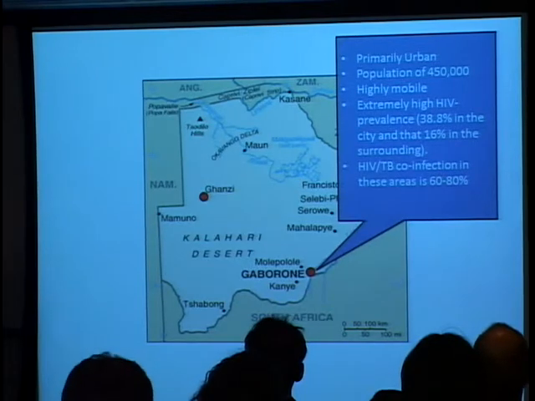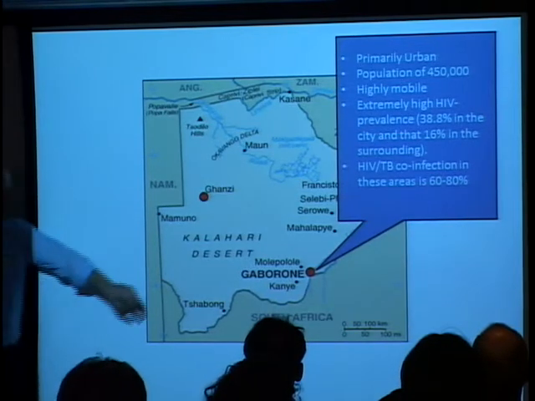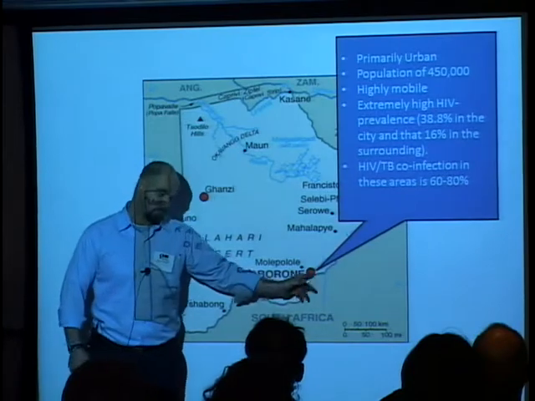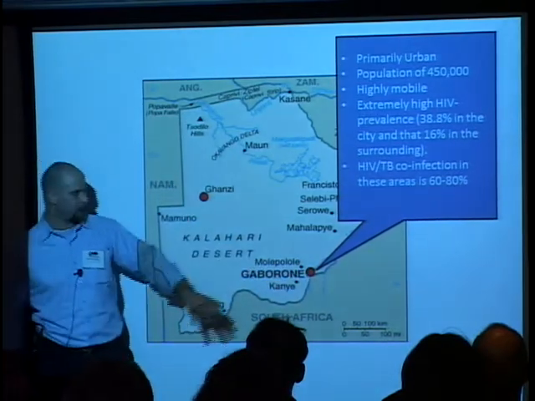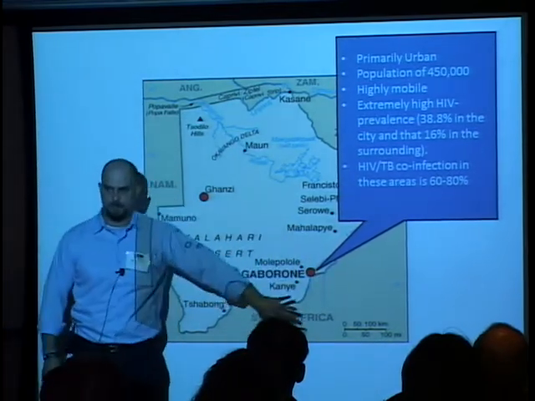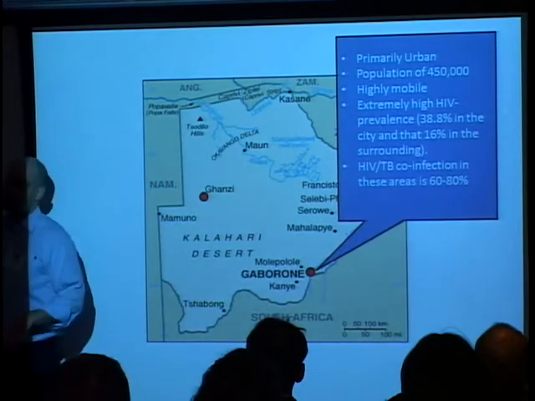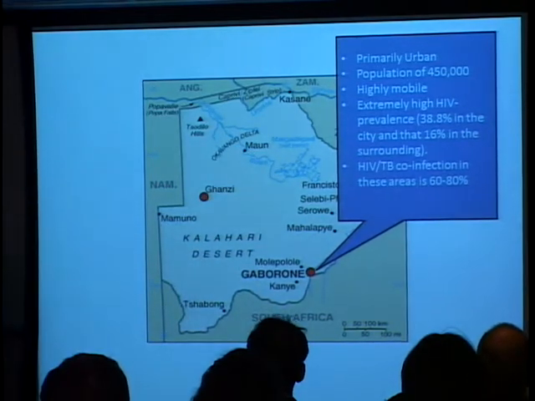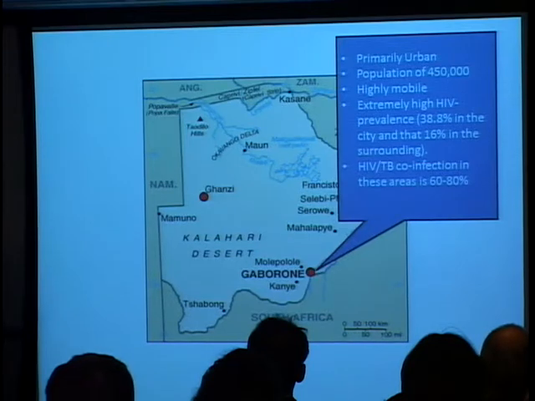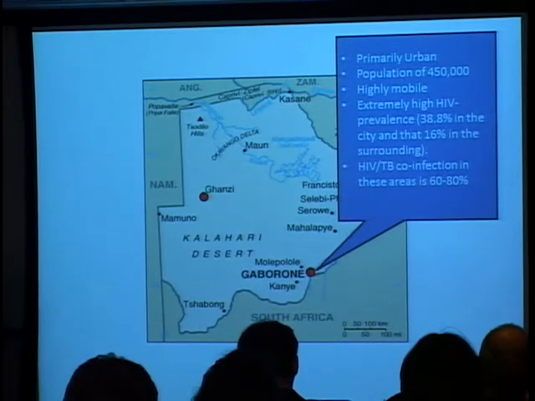HIV rates are extremely high. In the core of the city, they are around 40%. Outside the city, in extended areas, they are about 20%. And the HIV-TB co-infection rates are extremely high as well, up to 80%, depending on the numbers that you look at.